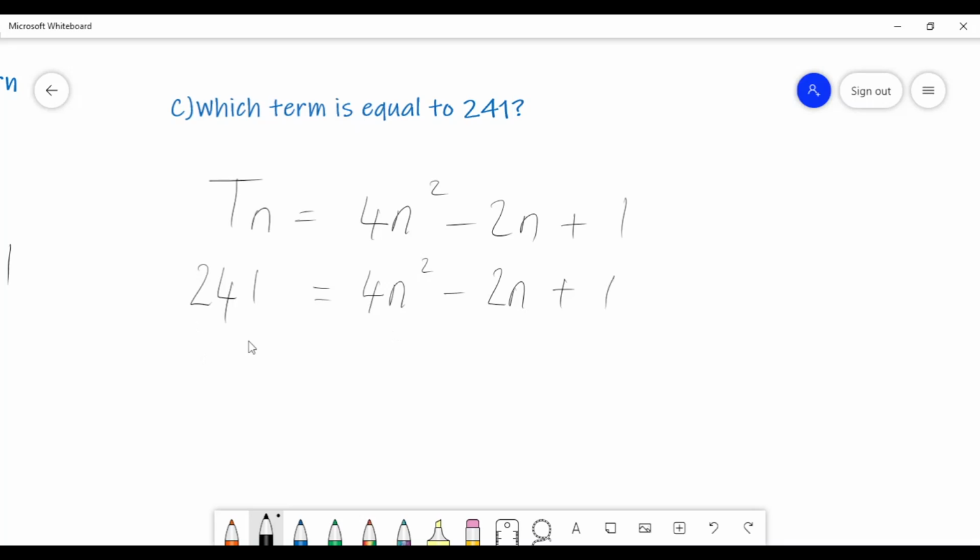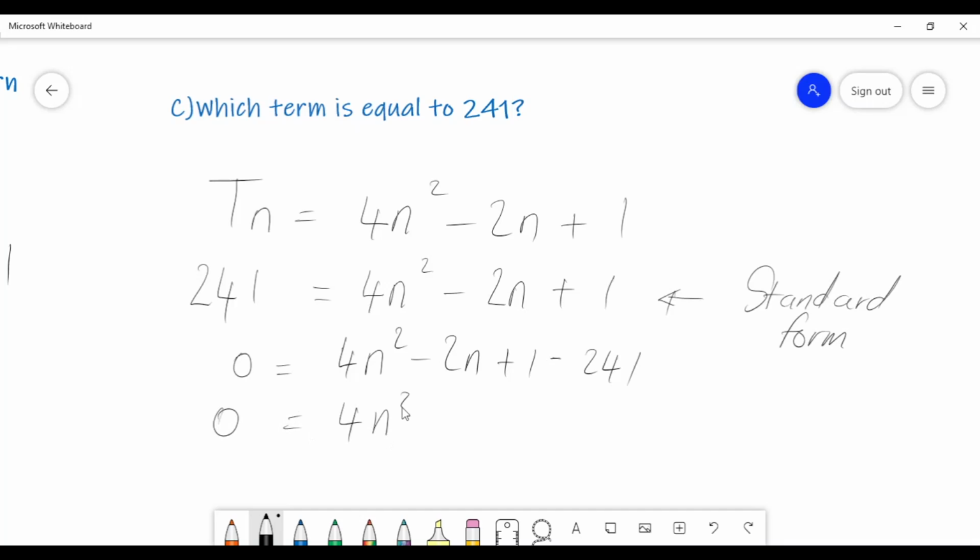Obviously, to solve for n, we need to get your equation into its standard form. To get it into its standard form, you need to get 0 on its own, and you're going to have 4n squared minus 2n plus 1 minus, because it moves from the left hand side to the right hand side, 241. We're going to continue to simplify this: minus 2n, positive 1 minus 241.